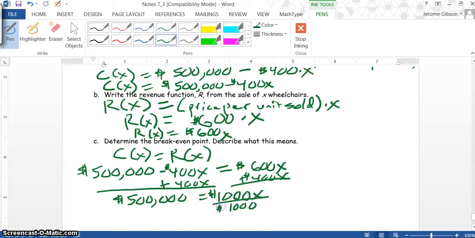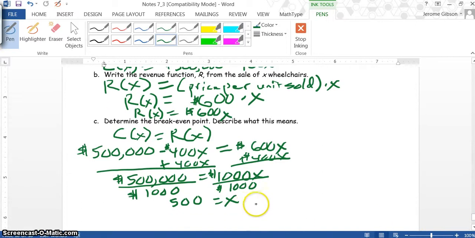We're trying to get x by itself. And what we will have here, 500,000 divided by 1,000 is 500. It's equal to x. So basically what this is saying is if you have 500 for x, then that would be your break-even point, which means that your profit would be 0. That is your 0 point where you finally covered all of the costs by selling the item.